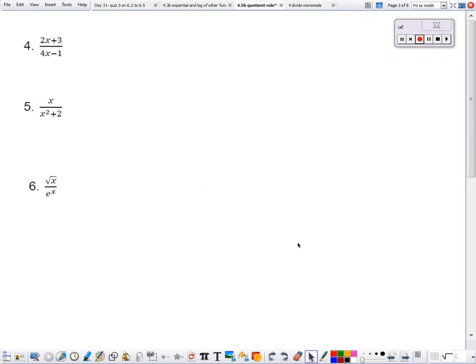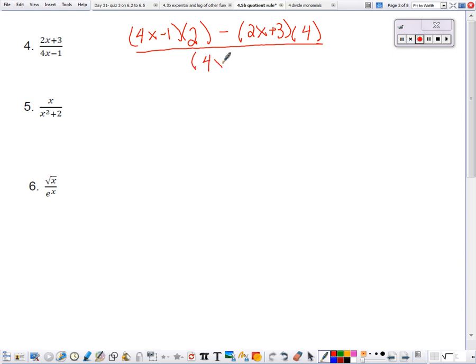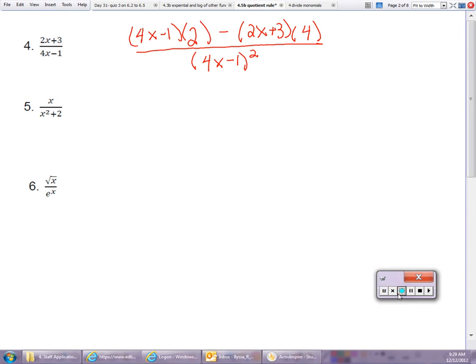Okay, so for number 4, it's low d high, so the derivative of the numerator, minus high d low, all over low low. Now we have to simplify this.